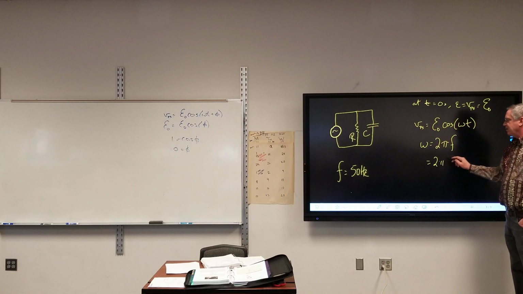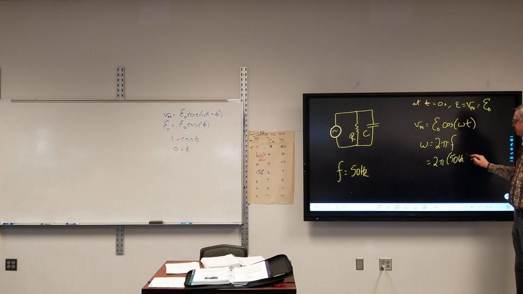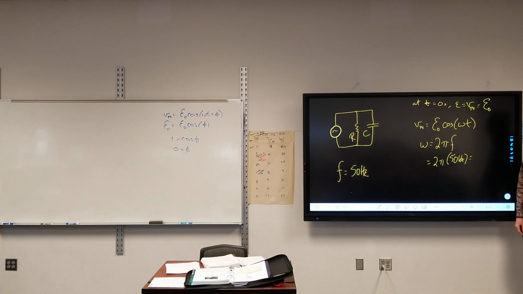So 2 pi times 50 hertz, and that equals 314.159, that's as far as I can do in my head. 314.1592, I mean, it's going to wrap off. Units: radians per second.